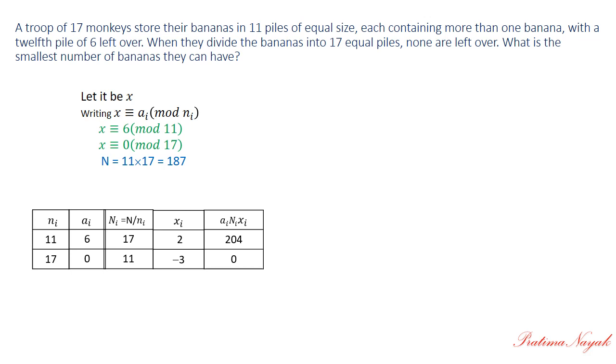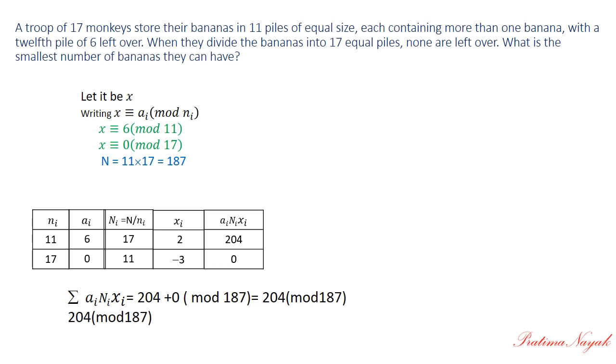So if we multiply ai, ni, xi, first row we get 6 into 17 into 2, 204, and in second row 0 into 11 into minus 3, that will be 0. So total is 204. So 204 modulo 187. So answer is 204.